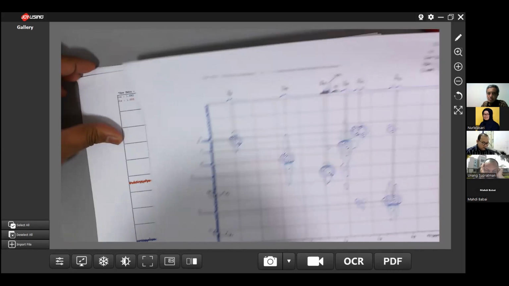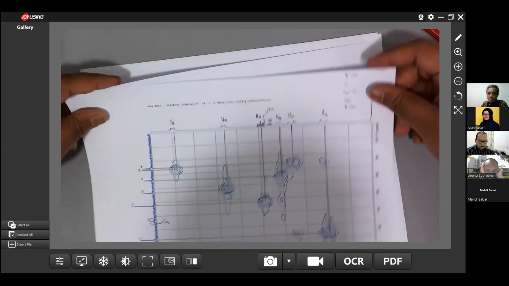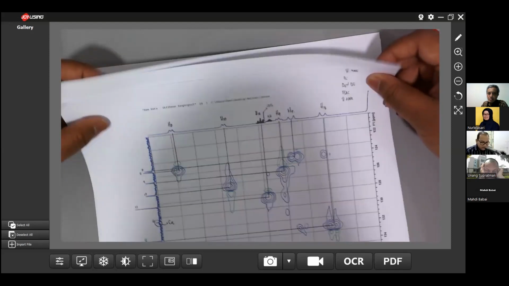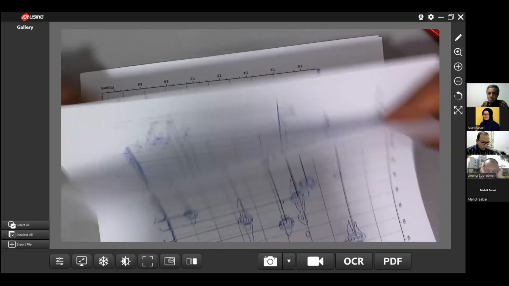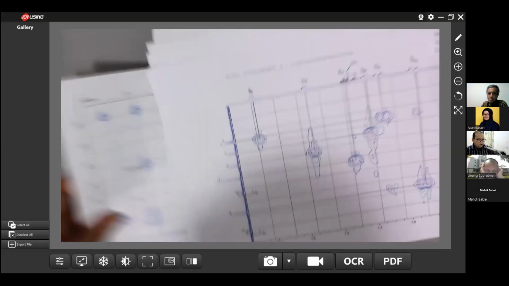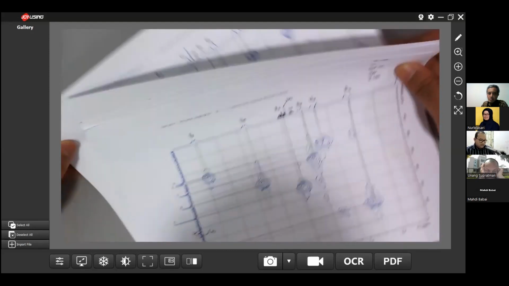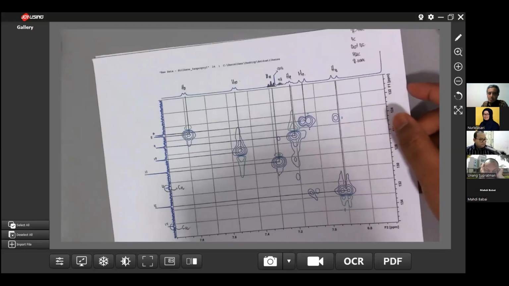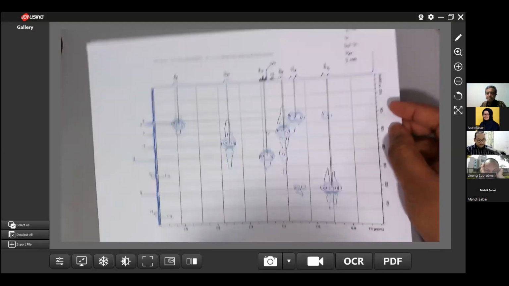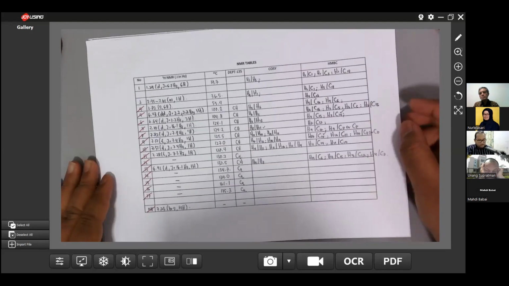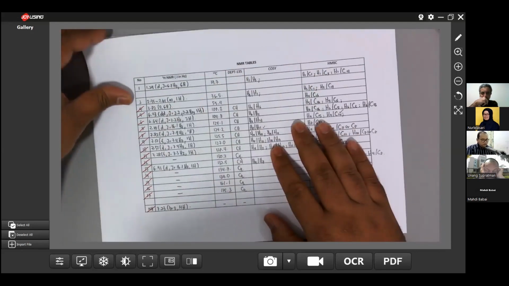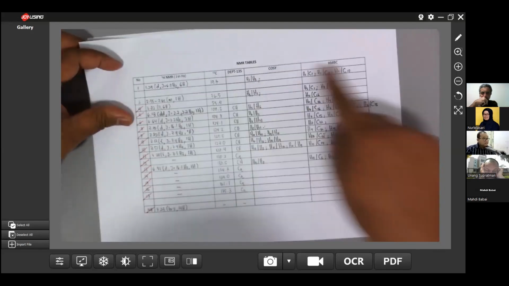Maybe Prof and also Dr. Rani's technique is quite different, but do whatever you feel comfortable with. I prefer this kind of technique because it has helped me a lot. I provide you these tables, and after that you have to fill in all the information here.